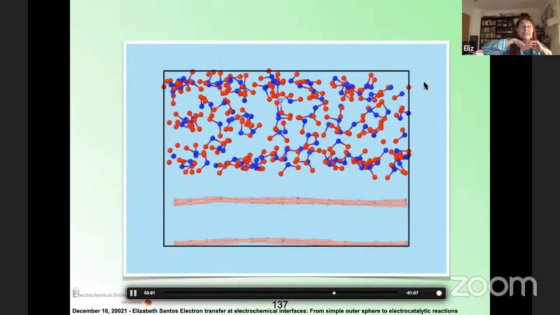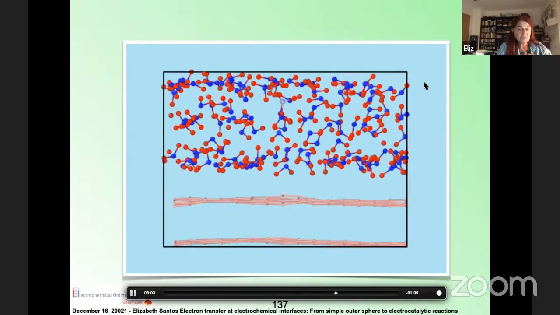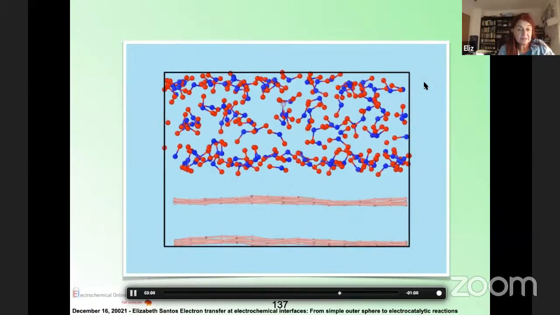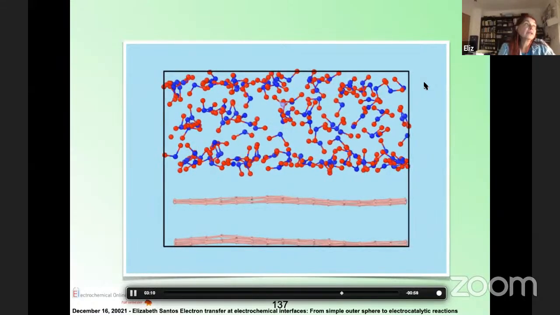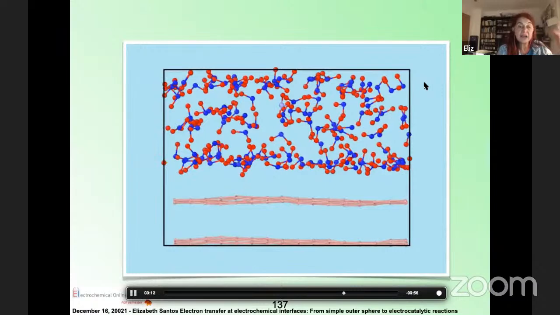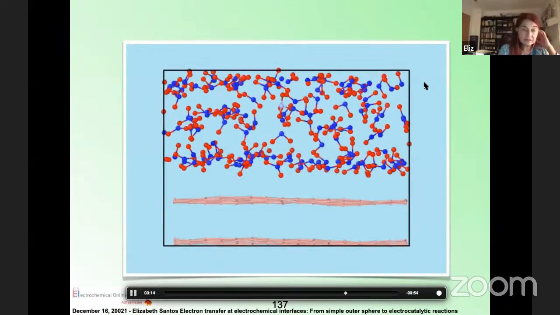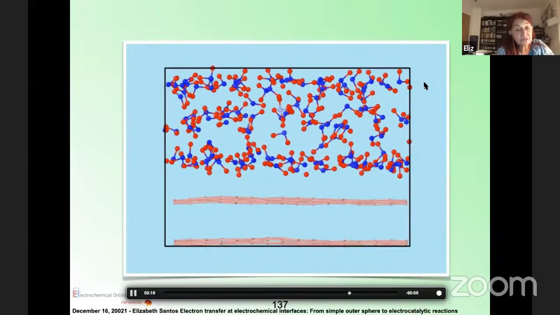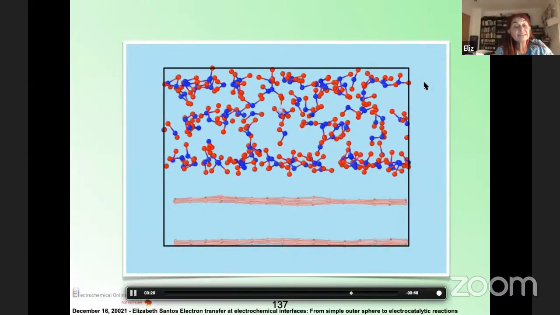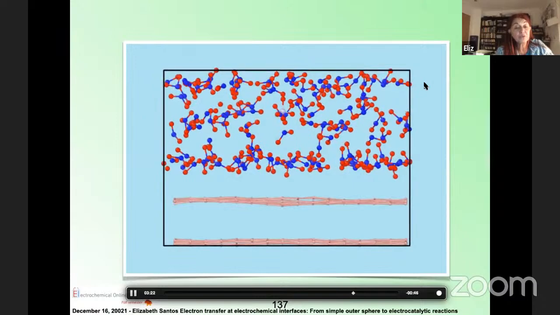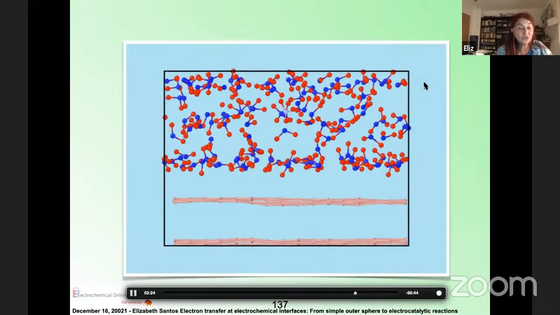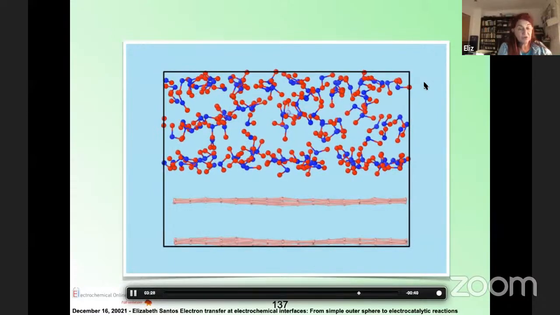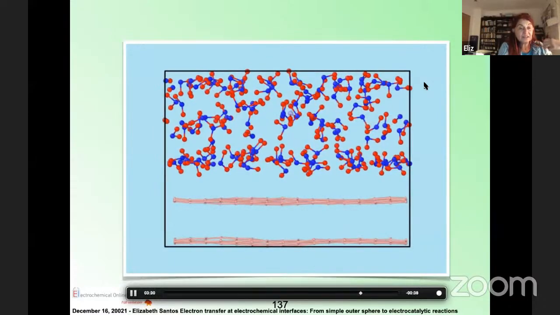We don't take into account some changes in the double layer structure that could take place at the same time, or the co-adsorption of anions or other species. That could have an influence, and this is what I want to do perhaps in the future, to include a more detailed description of the interface in this electron transfer reaction.